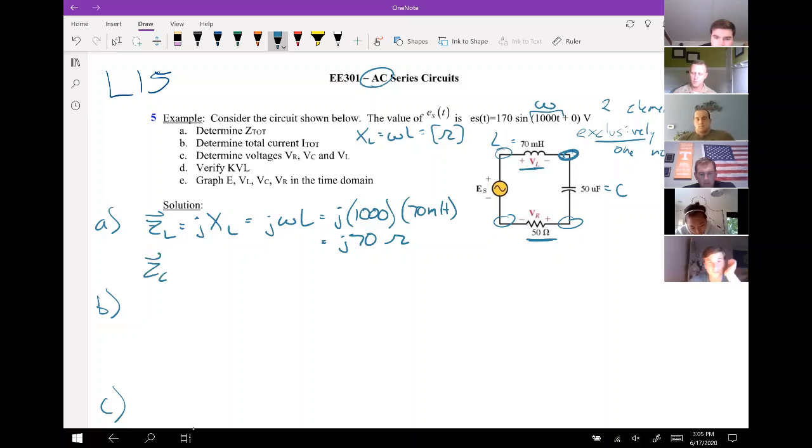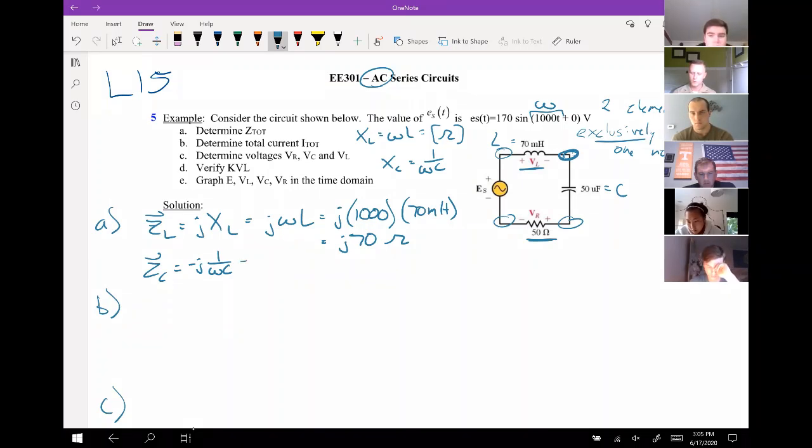Now the Z of a capacitor is negative j 1 over omega C. On the equation sheet, it says X sub C is equal to 1 over omega C. That would also be 1 over 2 pi F. In this case, we have omega, not F, so we'll use the omega.